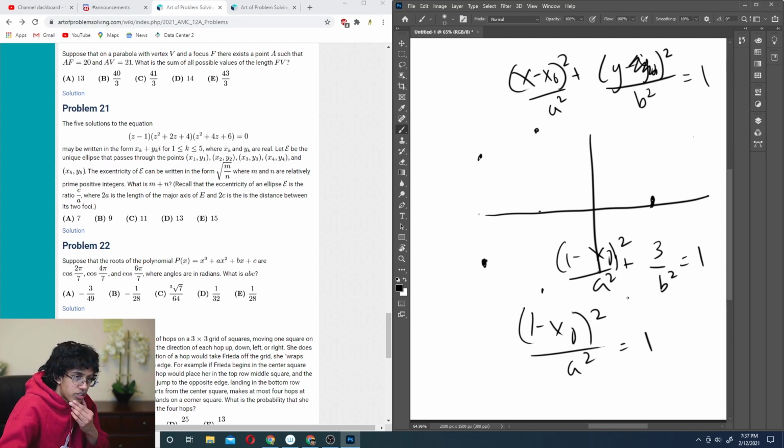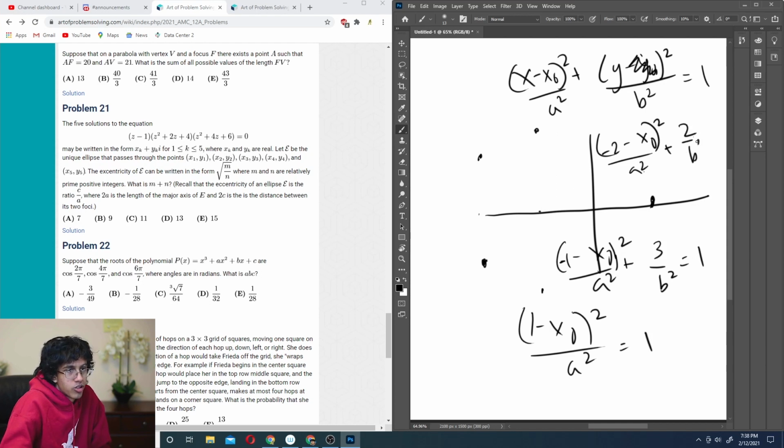Oh, and then we can subtract these. Okay, well, let's just write out the equation. And then if we plug in (negative 2, plus or minus root 2), then you get (negative 2 minus x0) over a squared squared plus 2 over b squared equals 1.